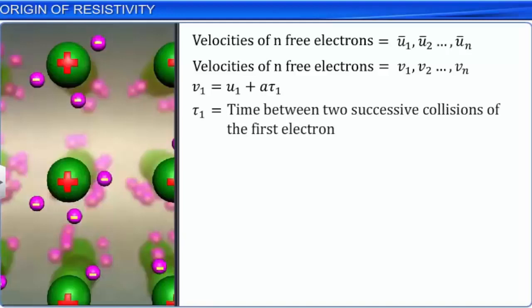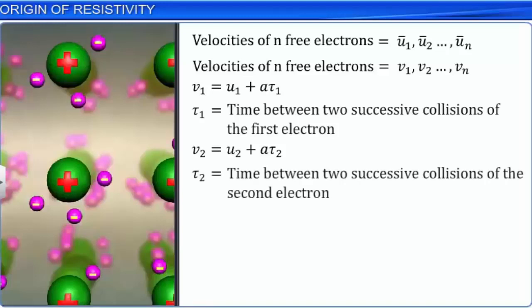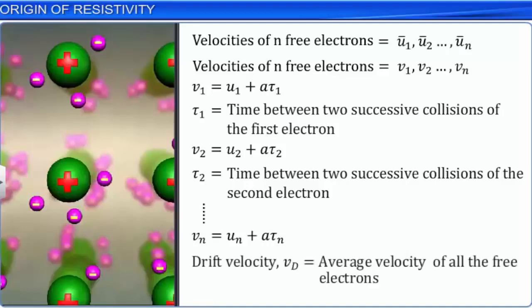Similarly, v2 is equal to u2 plus a into tau 2, where tau 2 is the time between two successive collisions of the second electron. And so on till vn is equal to un plus a into tau n. The average velocity of all the free electrons is equal to the drift velocity vd.